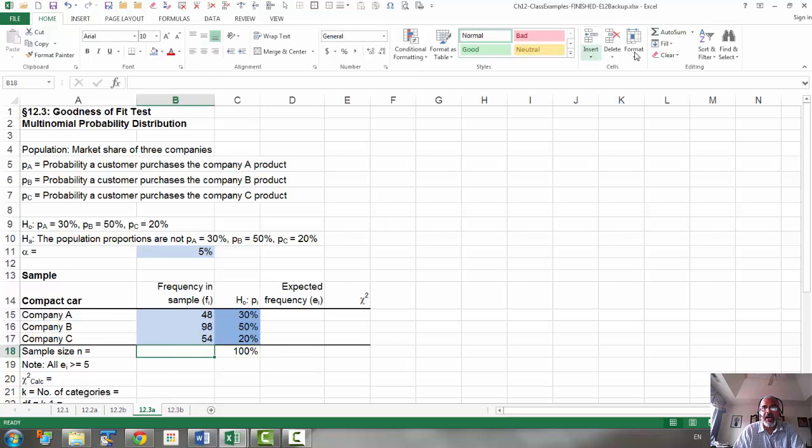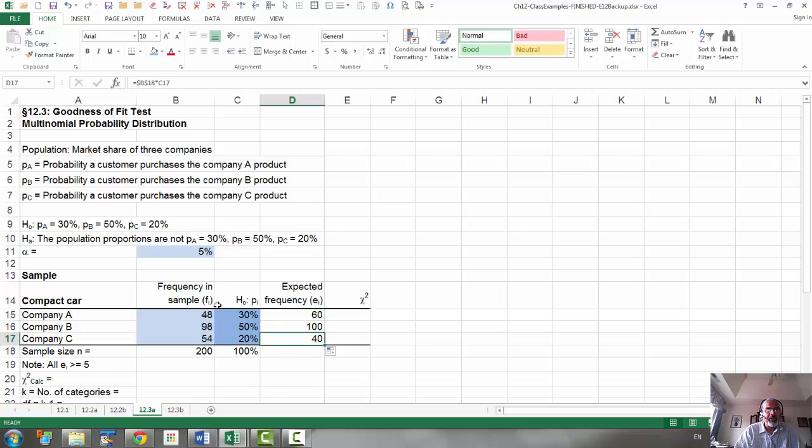If you sum this column, that's your sample size. Now the expected frequency is sample size times the individual probabilities. So we take the sample size, we need to make that absolute reference, times the probability. So that's our expected frequency for company A if the null hypothesis is true.